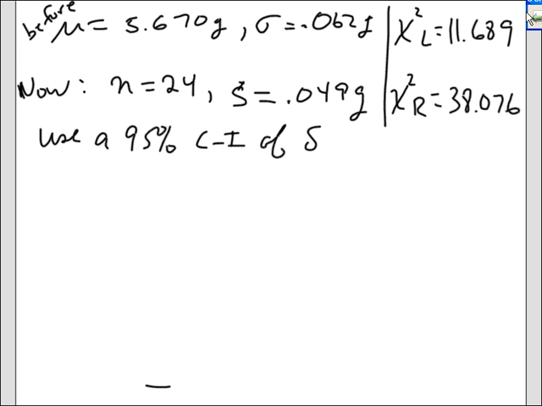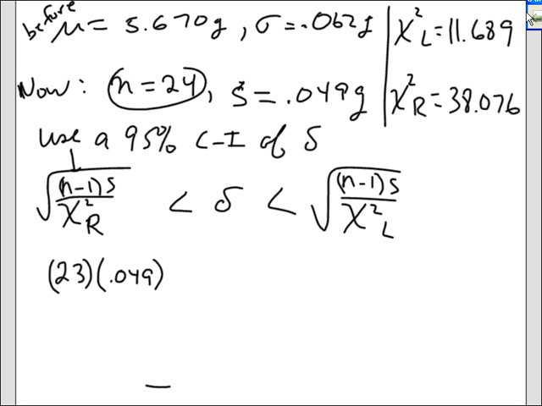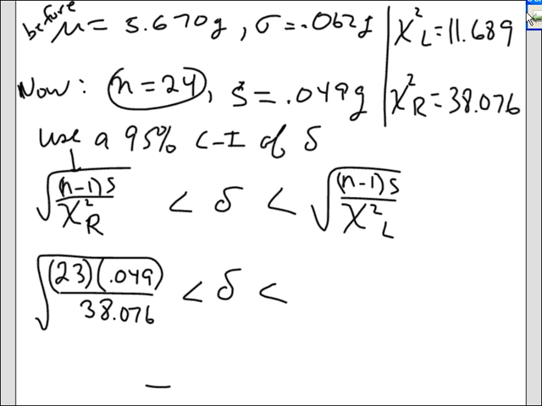Basically, I know that sigma is in between the square root of n minus 1 times s divided by chi-squared sub R, and the square root of n minus 1 times s over chi-squared L. Well, n is 24, so n minus 1 is 23 times s, which is 0.049, divided by chi-squared R, 38.076, square root of this, less than sigma, which is less than.